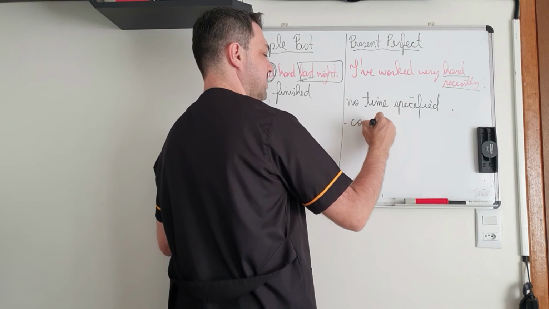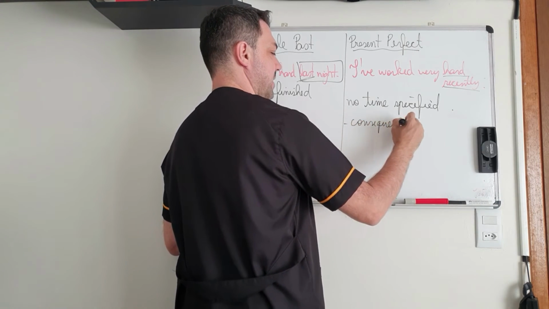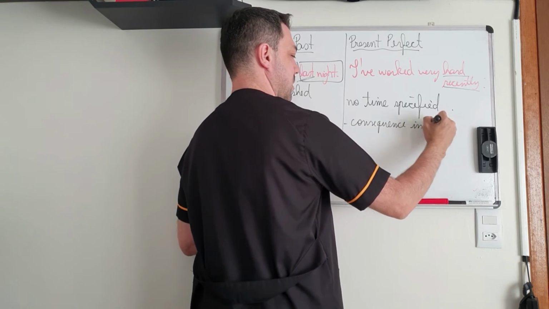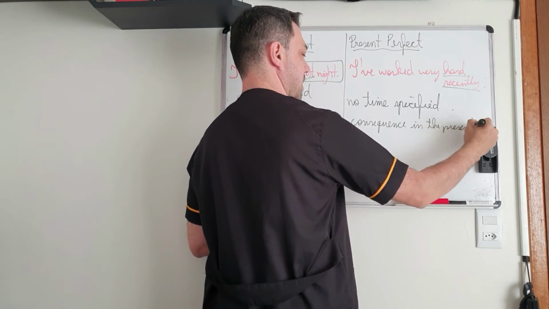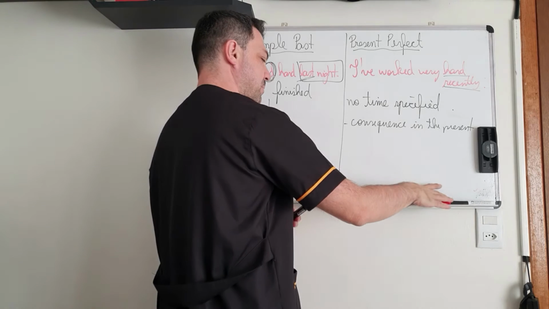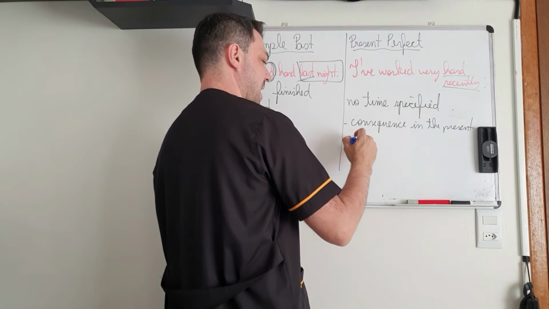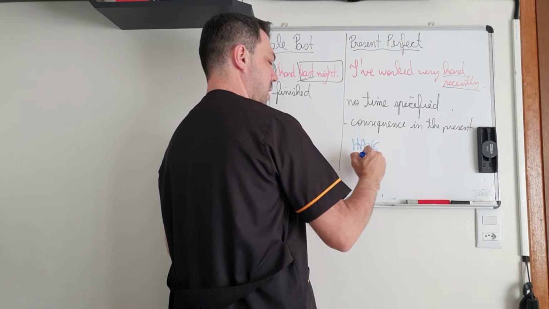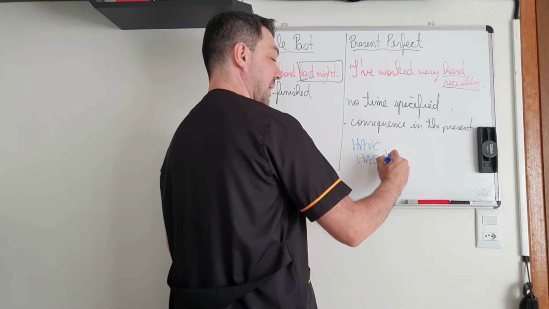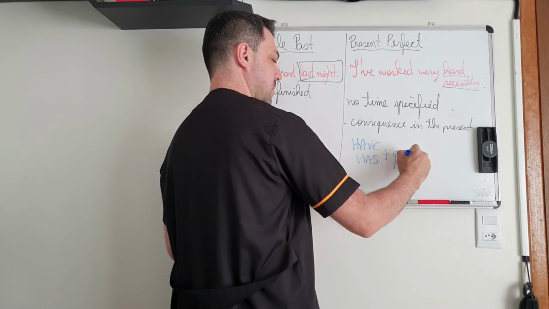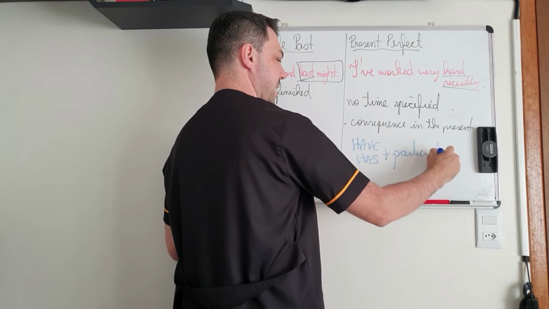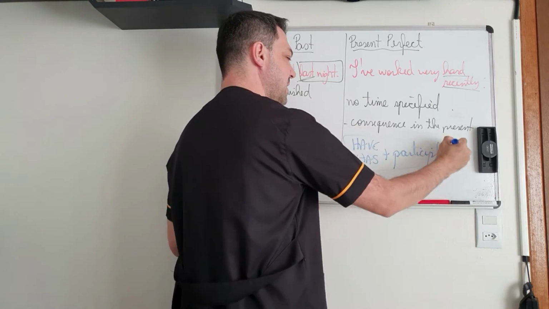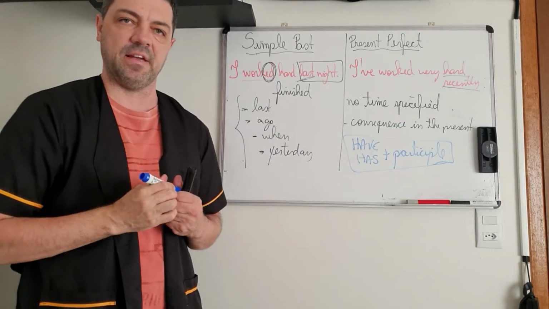So the consequence still exists in the present. And what's the structure of the present perfect? Remember, guys, have or has plus participle. Yeah? This is the main idea of the present perfect.